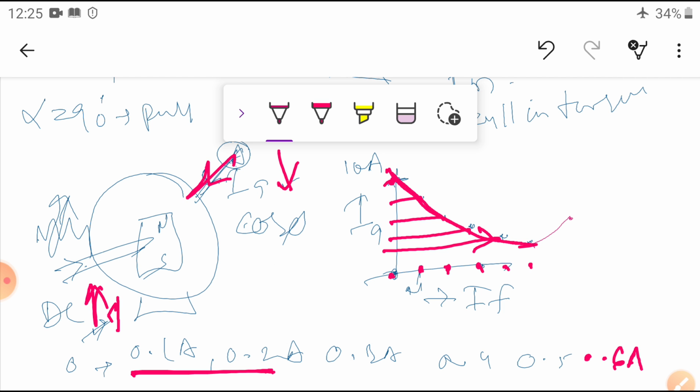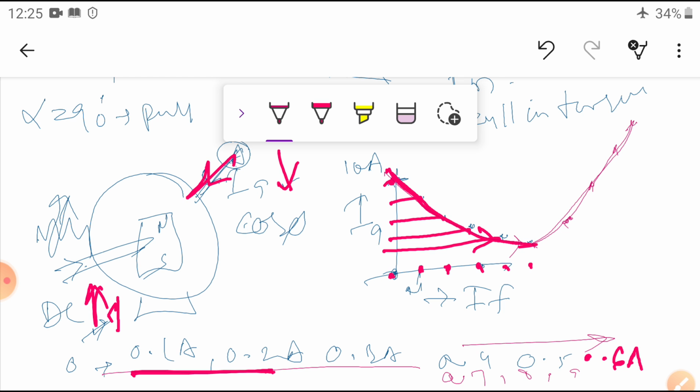At 0.6 it once again becomes 6 amperes, and further increases at 0.7, 0.8, 0.9 also increase it. That means from 0 to 0.5 amperes, the armature current decreased. Now as I increase further, our armature current is increasing.